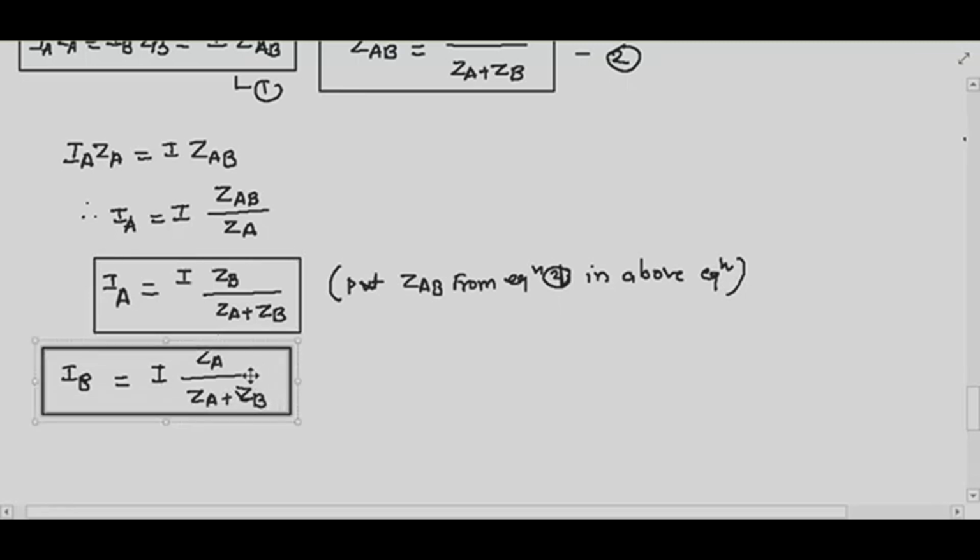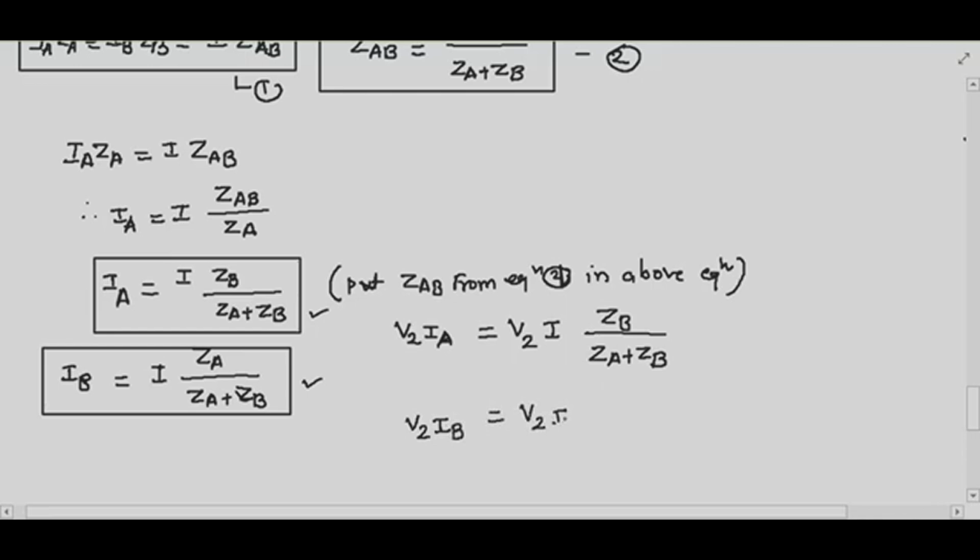So if I multiply both sides by the common terminal voltage V2 of the above two equations, then I will get V2 into IA equals V2 into I into ZB upon ZA plus ZB. I have multiplied both sides of this equation by V2. Similarly, I will multiply both sides of this equation by terminal voltage V2. So V2 IB equals V2 into I into ZA divided by ZA plus ZB.